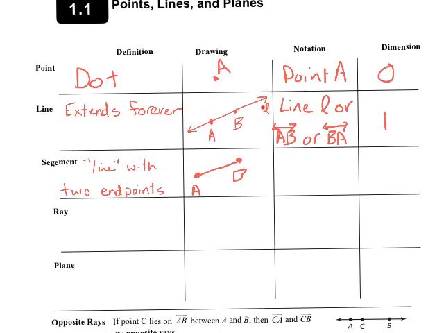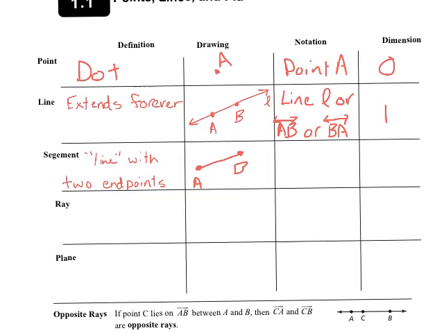That's generally not there with a segment, so it limits the ways we can name it. We say AB with just a segment over the top. Now we're not putting the arrows on there. Or again, since it has 2 endpoints, it doesn't matter which order you do, so BA with my segment over the top. And again, it's one dimensional.